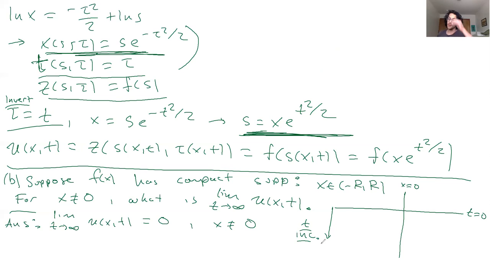What we showed is that if you start here with an interval that goes from minus r to r, and only within this region do you have support, then the characteristics x equals s e to the minus tau squared over 2 are going to collapse in over time.